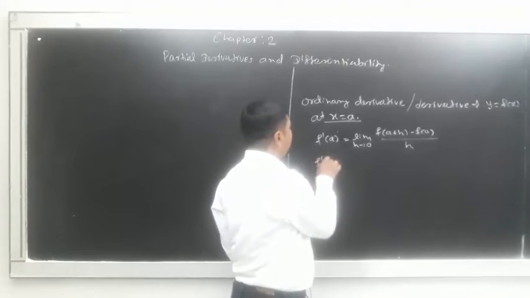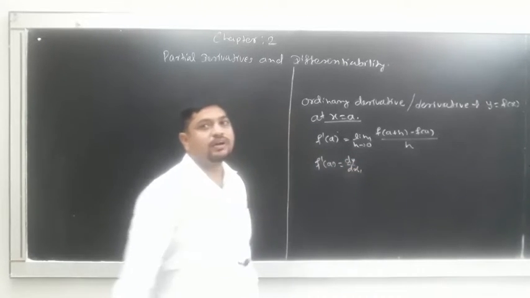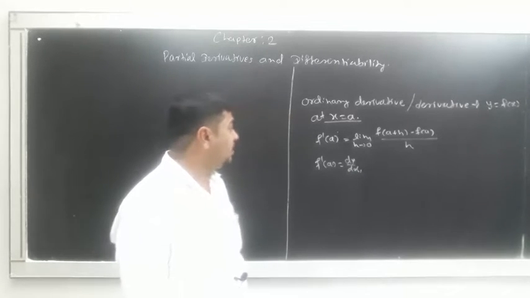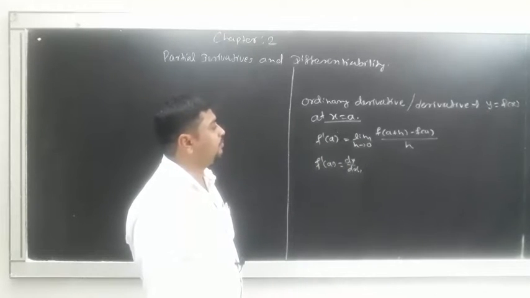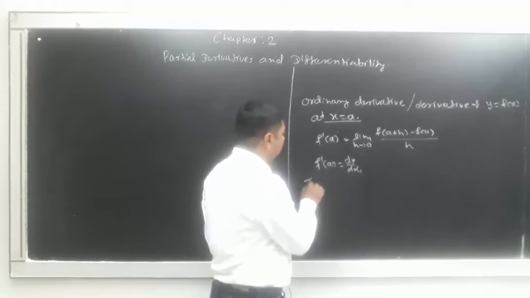This f dash of a can also be written in the form of dy by dx. So the definition is f dash of a is equal to limit h tends to 0 of f of a plus h minus f of a upon h.